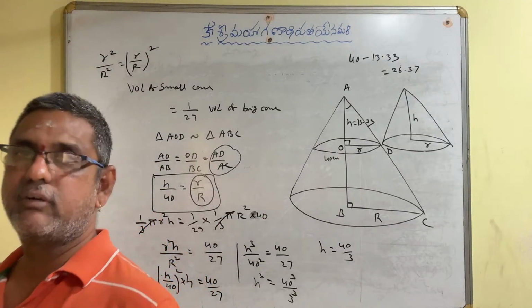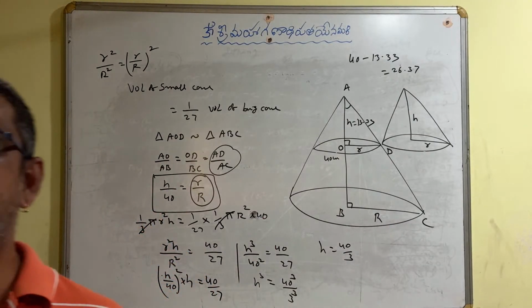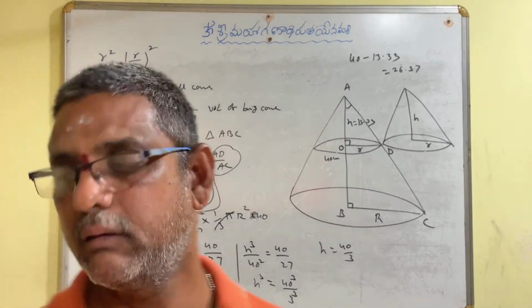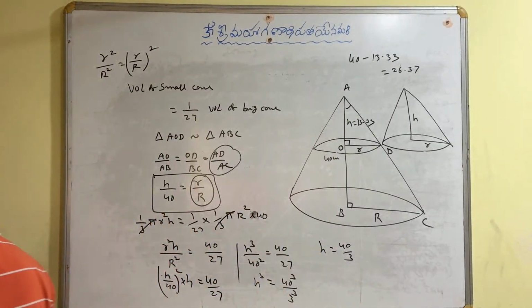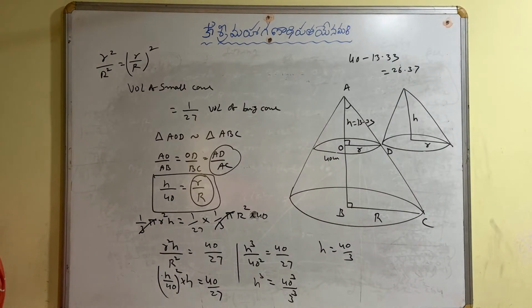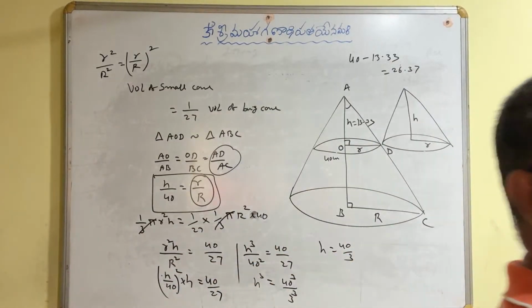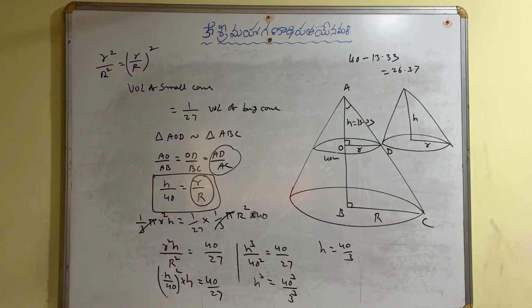So at a height of 26.67 from the bottom, the division was made. Do you understand, children? This is a higher order question.